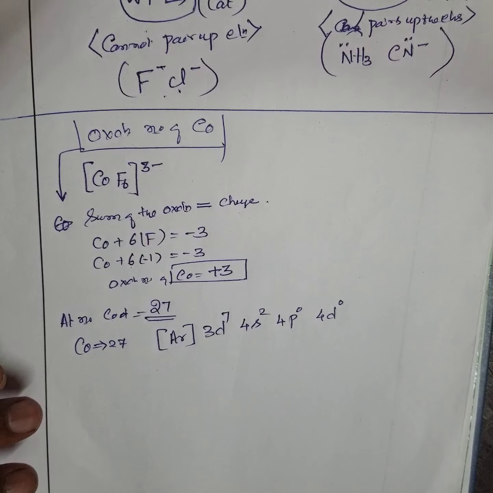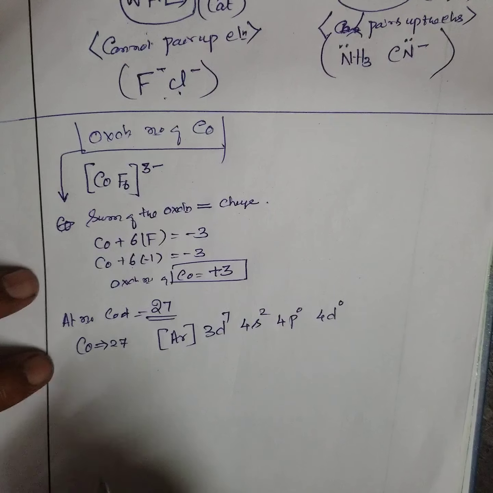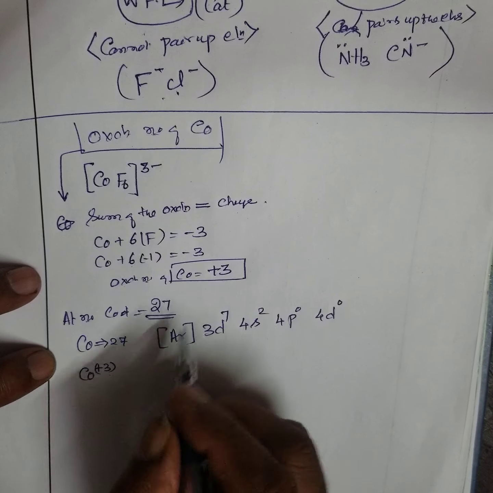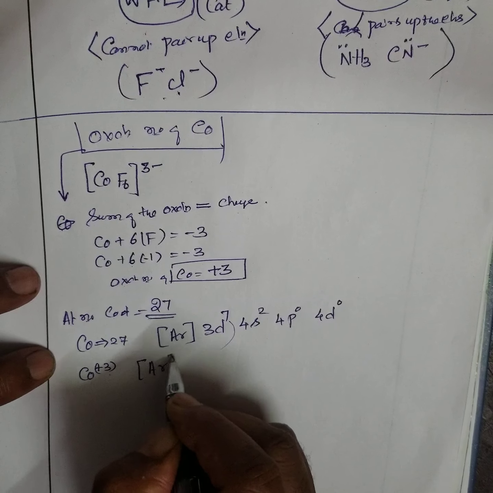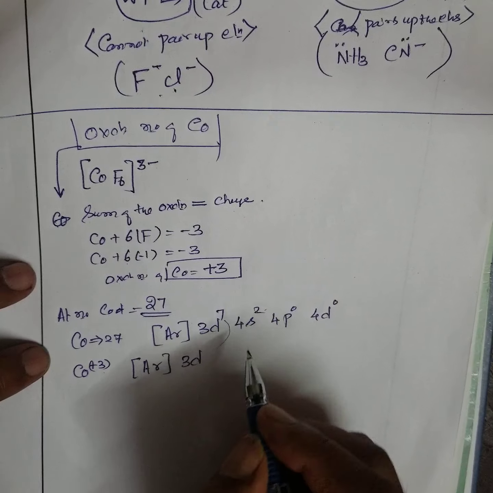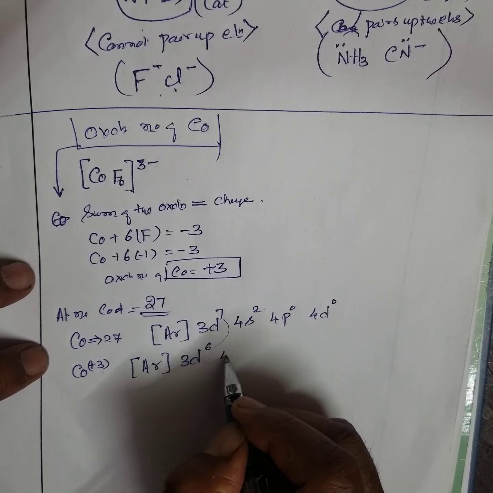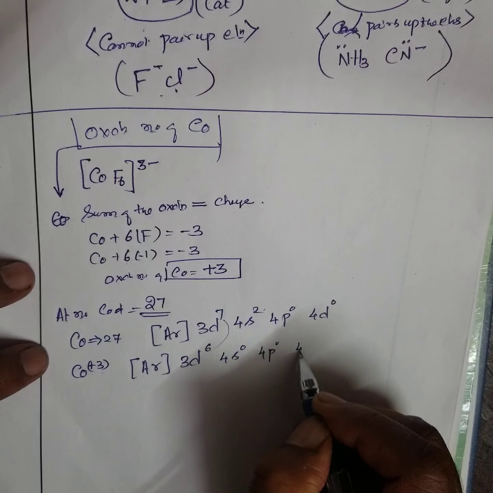But cobalt is present in the +3 oxidation state. Therefore, remove 3 electrons: 2 electrons from 4s and 1 electron from 3d. This becomes 3d6, 4s0, 4p0, 4d0.